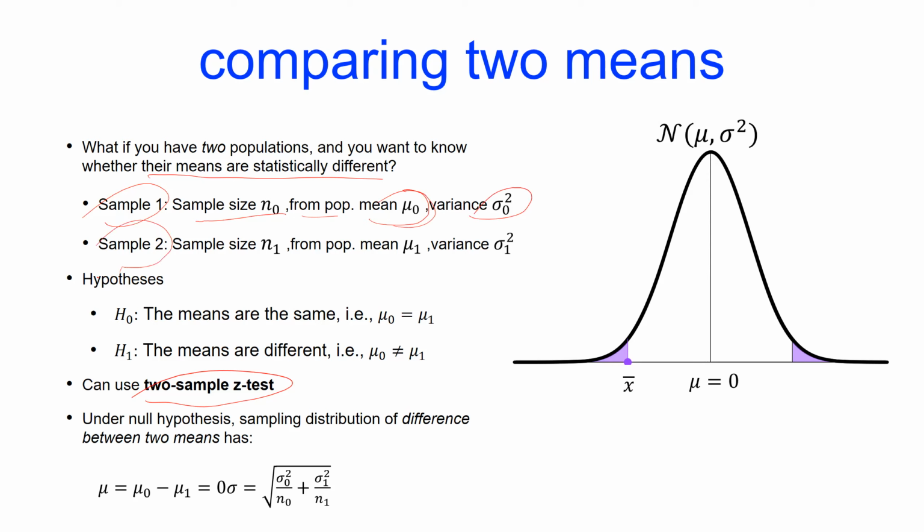And then we take another sample of sample size n1 from the population with mean mu1 and variance sigma 1 squared. So now, again, you have two samples instead of one sample as before. Now you want to assess whether their means are different or not.